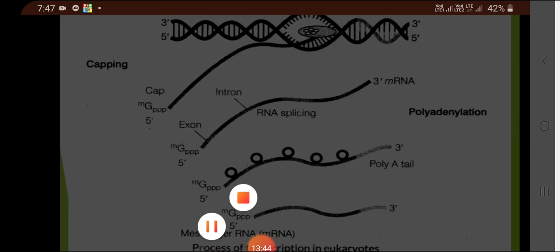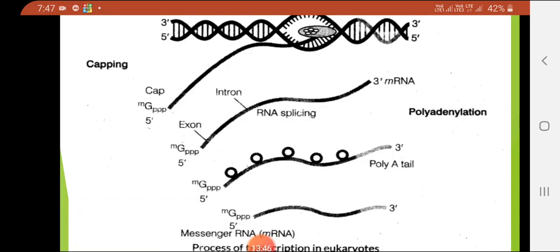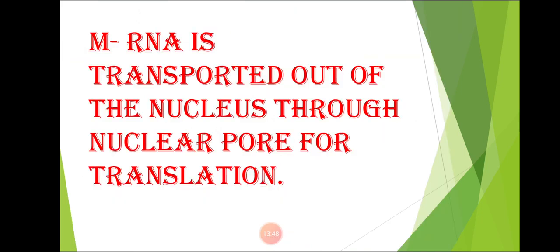After processing, that is splicing, capping and tailing, this processed mRNA is transported out of the nucleus through the nuclear pore for the further process known as translation.